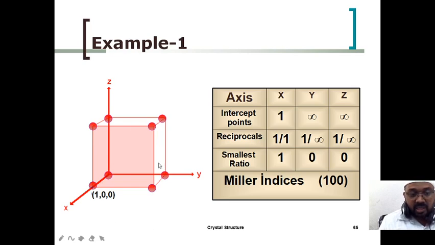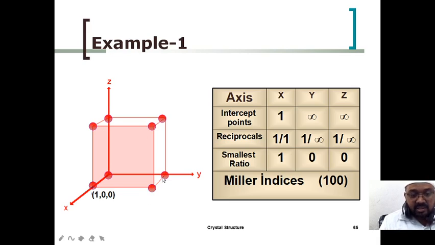This plane, this face, is parallel to the y-axis, and it is also parallel to the z-axis. So what is the intercept made on the x-axis? You can see the plane is making the intercept on the x-axis at 1.